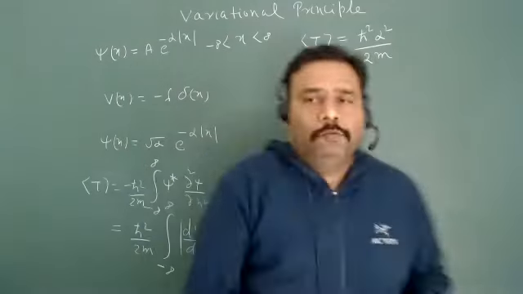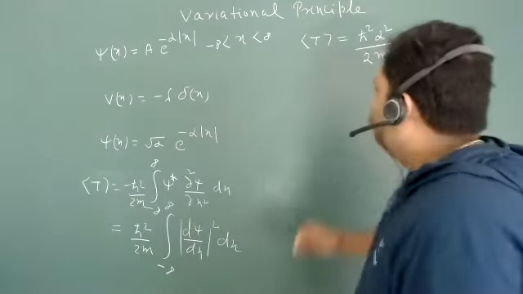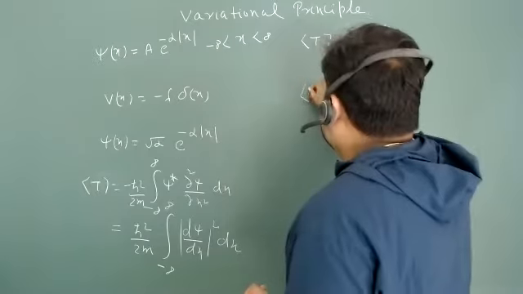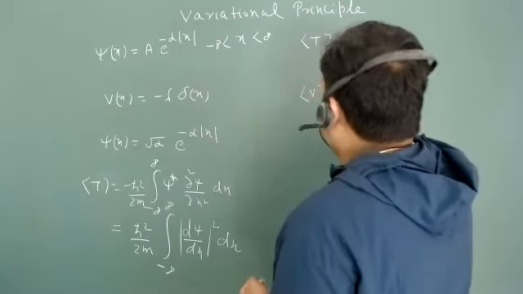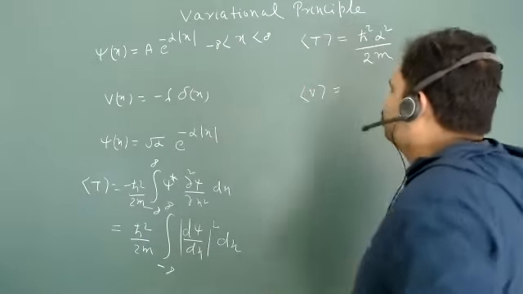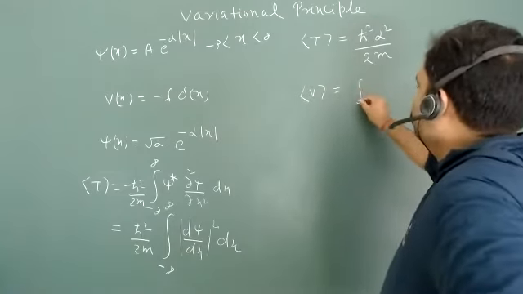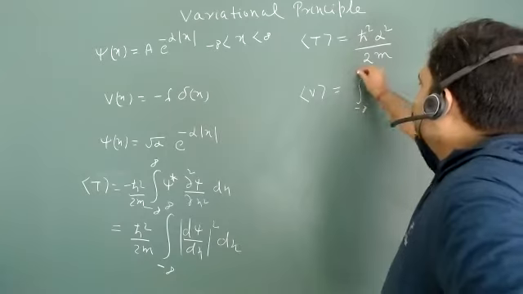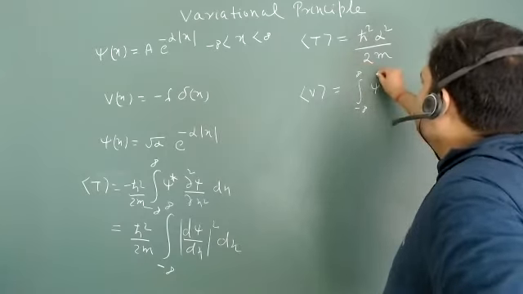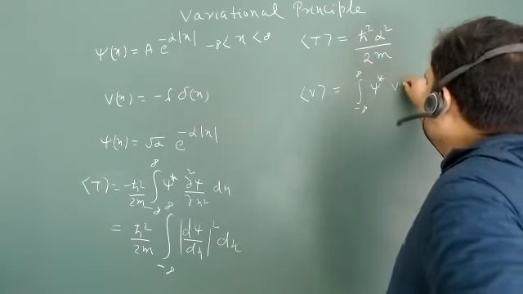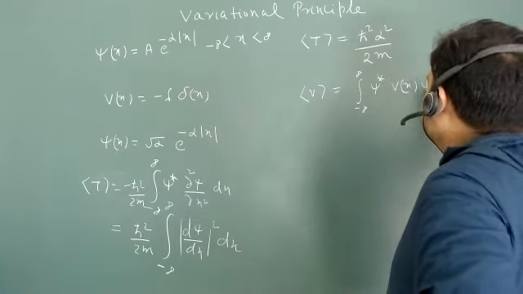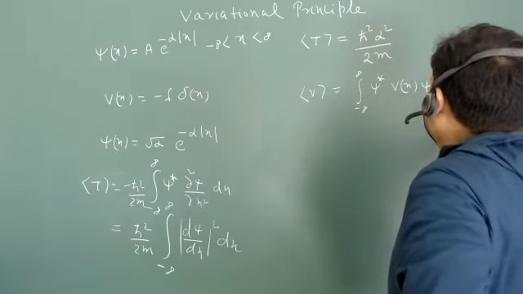Now what we have to do? We have to go for calculation of potential energy. Obviously we have to calculate the average value of potential energy. So we have the integral from minus infinity to plus infinity of psi star V(x) psi(x) dx.